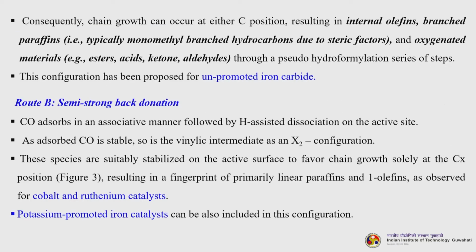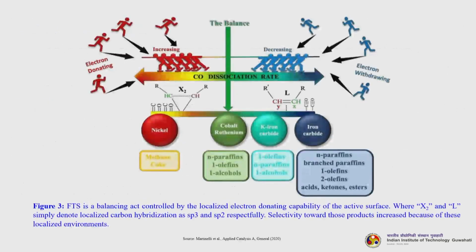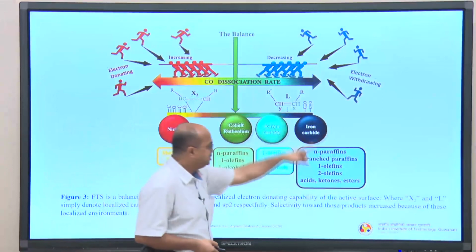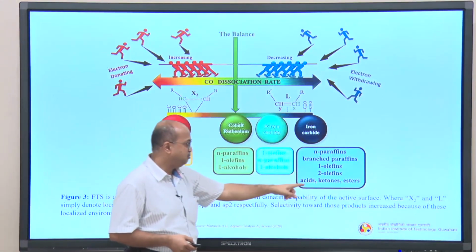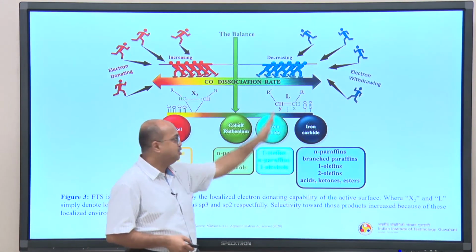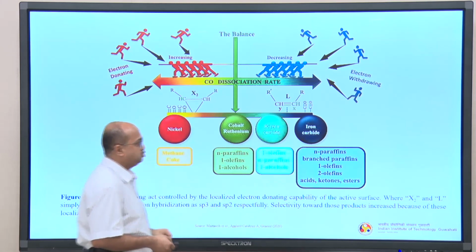Consequently, chain growth can occur at either C position, resulting in internal olefins, branched paraffins, and oxygenated materials through a pseudo hydroformylation series of steps. This configuration has been proposed for the unpromoted iron carbide. We can see that n-paraffins, branched olefins, 1-olefins, 2-olefins, acids, ketones, and esters will all be produced in this route.